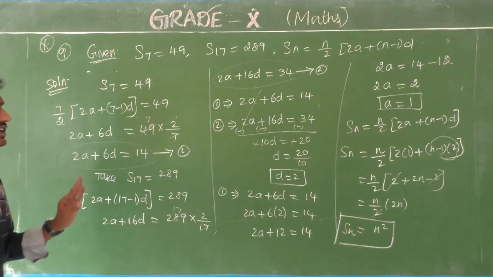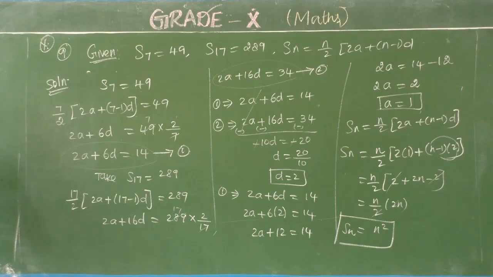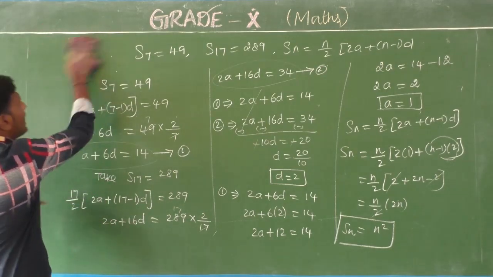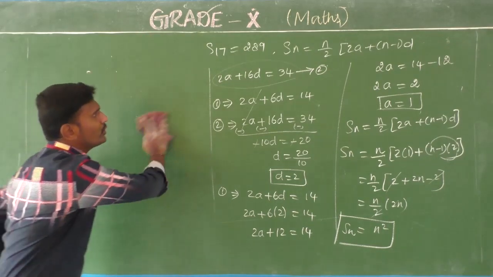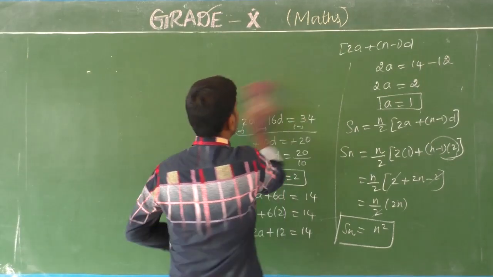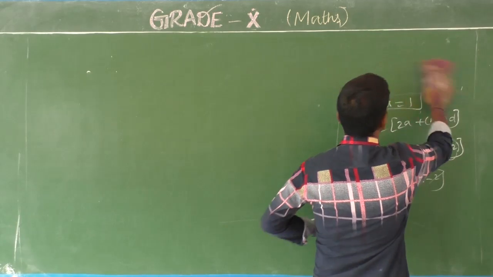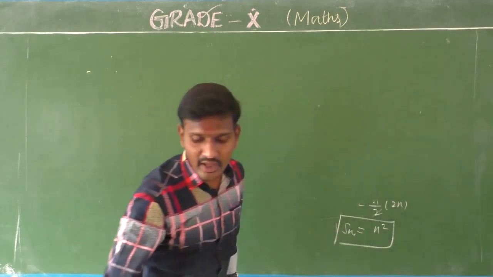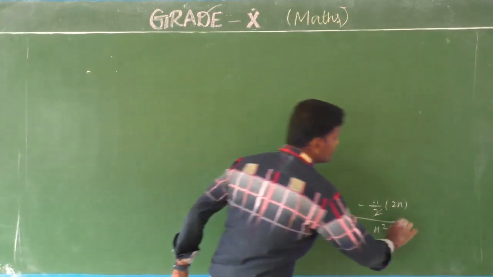And before that, this is a very important 3 mark question. Sometimes we can expect a 4 mark question here also. Okay. Have you understood? And from this question, I give you one formula. It is a very important 1 mark question for you. The sum of the first n odd natural numbers, the formula is n square.